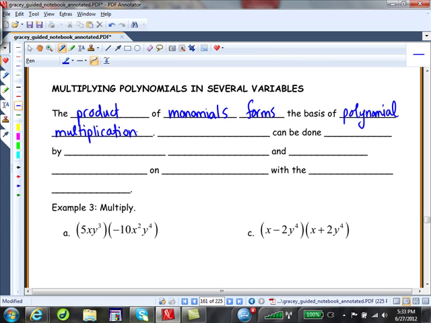Multiplication can be done mentally by multiplying coefficients and adding exponents on variables with the same base.